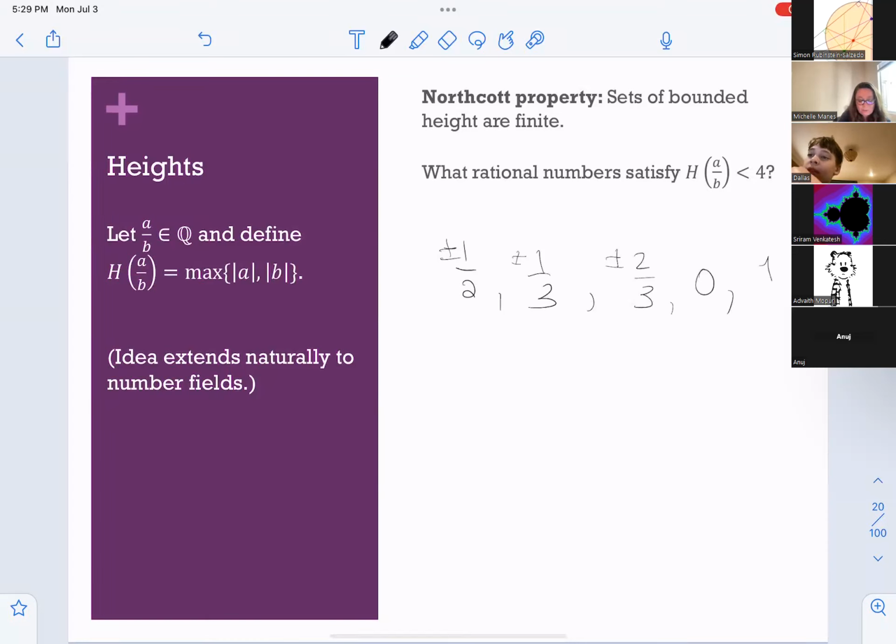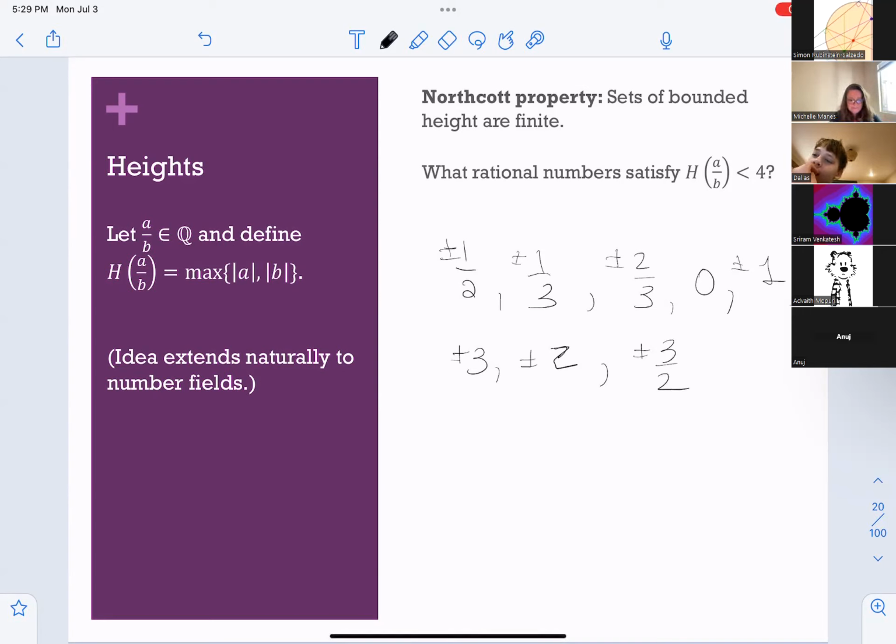I saw 1, so plus or minus 1. And we can do the reciprocals, so we can do 3 and 2/3. Plus or minus 2. Am I missing 3 halves? Yes, 3 halves, thank you. Plus or minus 3 halves.